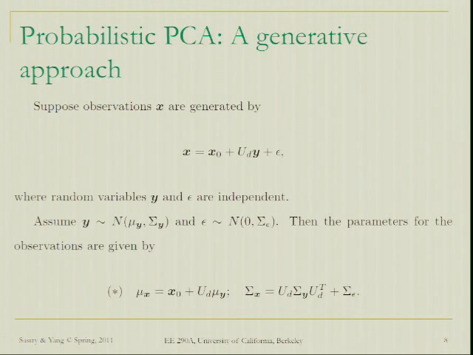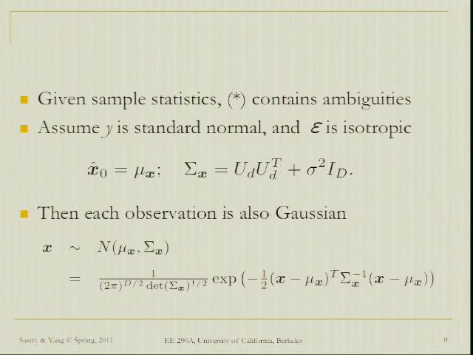Now, if we simplify the probabilistic model for the random variables y to be standard normal and the noise epsilon to be isotropic, then we can write down the estimate for the mean vector as mu_x, and the covariance matrix sigma is equal to U_d times U_d transpose plus sigma squared times the identity matrix. And therefore, we can also write down each observation as a Gaussian distribution in capital D dimensional space.